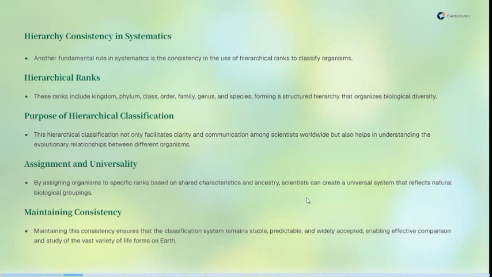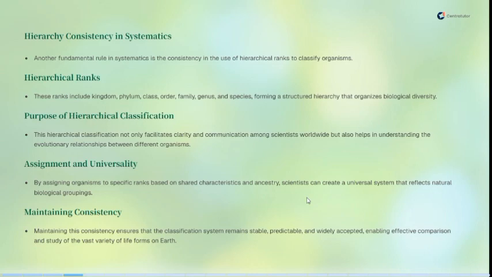In case you are asked to list the hierarchical ranks for naming organisms, these are what they're asking for, and they are structured hierarchies that organize biological diversity. The purpose of hierarchical classification is to facilitate clarity and communication among scientists. Not only that, it also helps to understand the evolutionary relationship between different organisms.